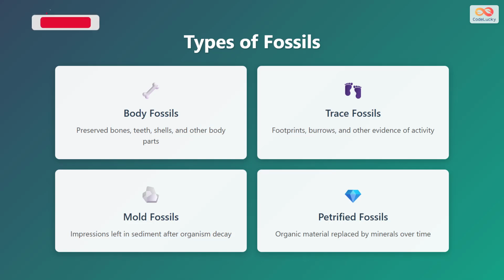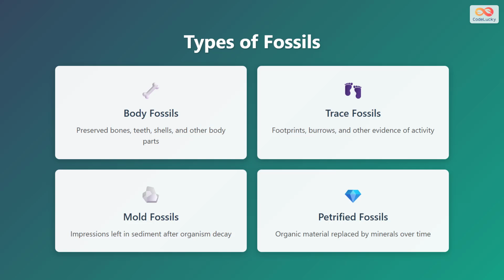There are several different types of fossils, each formed through different processes. Body fossils are the most common type and include preserved bones, teeth, shells, and other hard body parts that resist decay. Trace fossils, on the other hand, don't contain any actual body parts. Instead, they preserve evidence of an organism's behavior, such as footprints, burrows, or feeding marks.